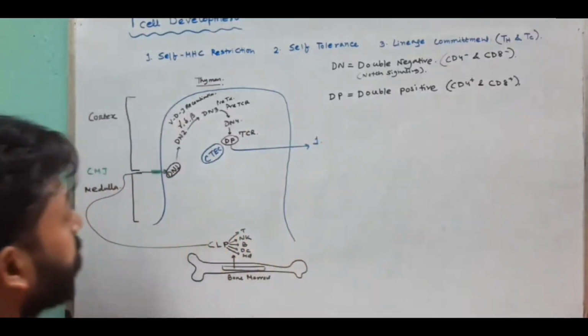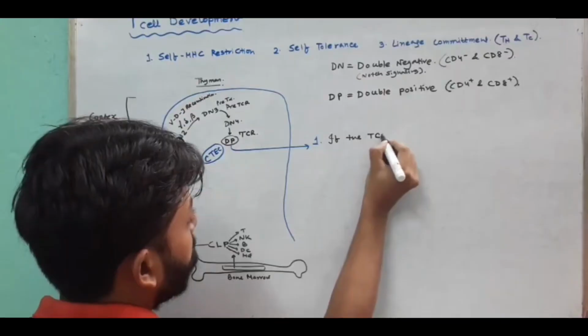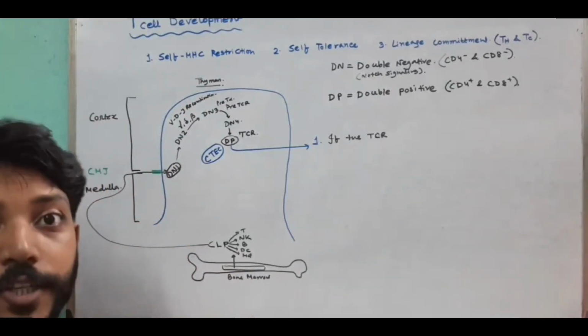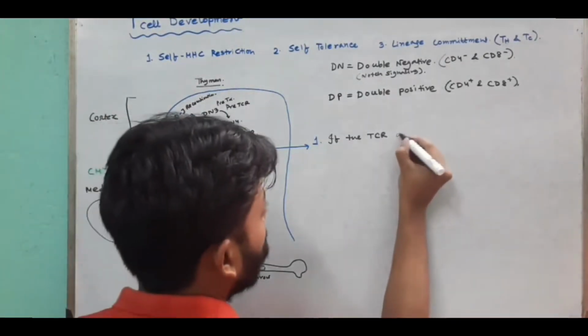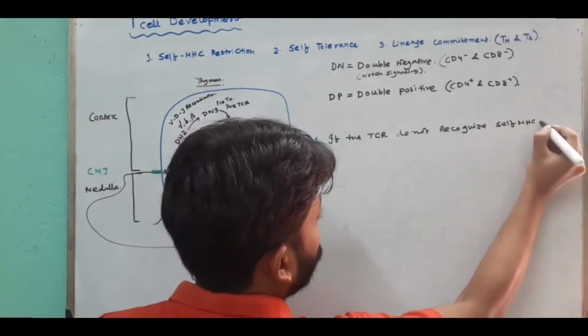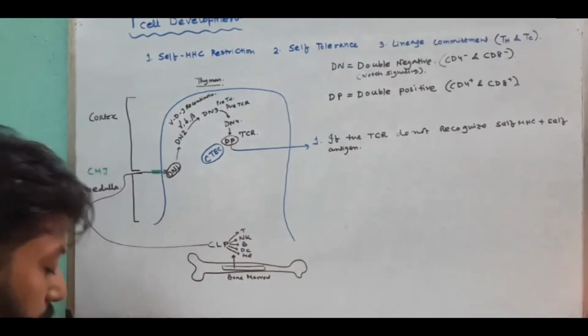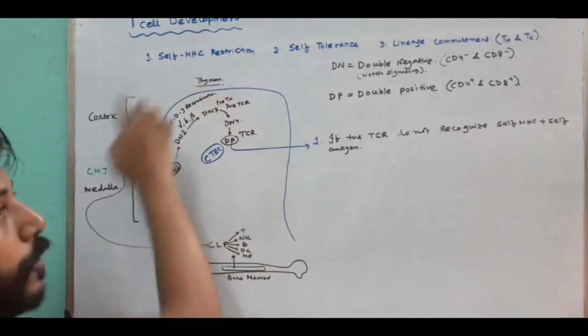So the first consequence may be that the T cell receptor produced during VDJ recombination does not recognize self-MHC plus self-antigen, then it is not following the first term and condition.